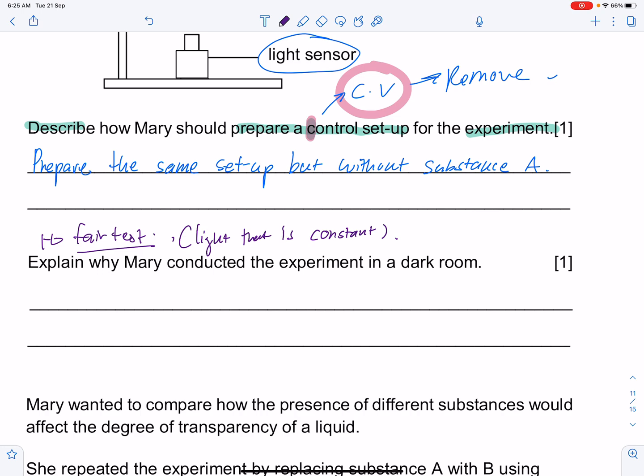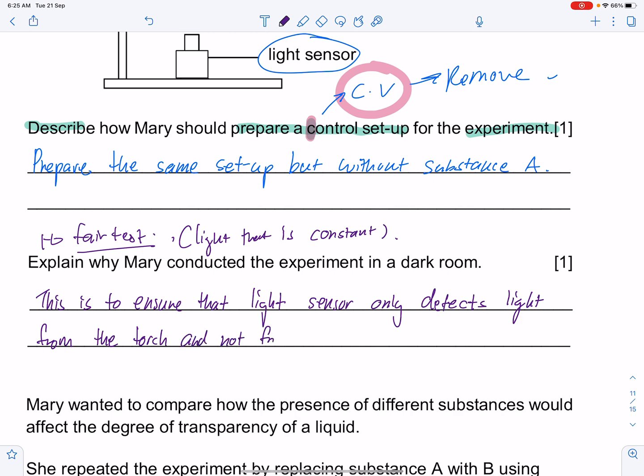So the answer would be, this is to ensure that the light sensor only detects light from the torch and not from the surrounding.